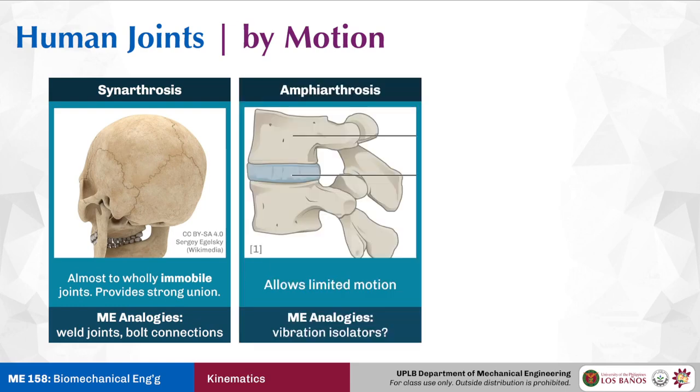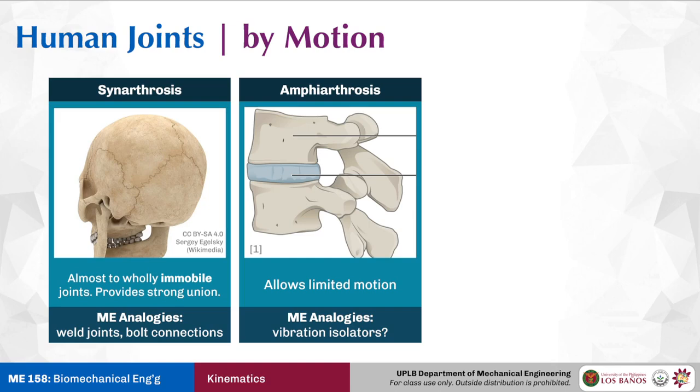Next is the amphiarthrosis, which allows some movement but not a lot. An example of this, aside from the cartilage that is connecting parts of your pelvic bone system, is the connection between vertebrae in your spine. So they are actually flexible. There's quite a lot of space between them, but they don't allow a whole lot of movement.